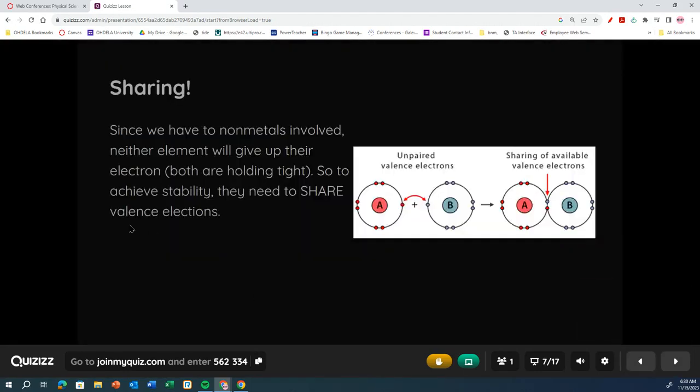So sharing, since we have two nonmetals involved, neither element will give up their electrons. Both are holding tight. So to achieve stability, they need to share valence electrons. Unpaired valence electrons are what cause the sharing.